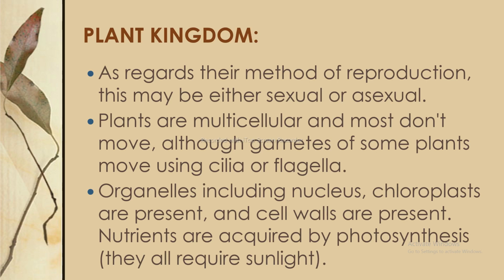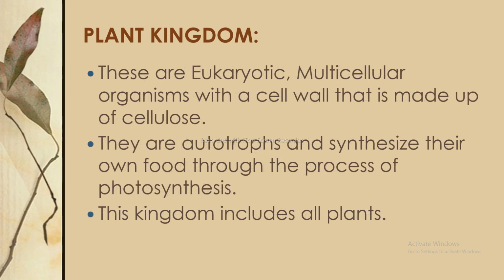Organelles including a nucleus and chloroplast are present, and the cell walls are present. Nutrients are acquired by photosynthesis. They all require sunlight. These are eukaryotic multicellular organisms with a cell wall that is made up of cellulose. They are autotrophs and synthesize their own food through the process of photosynthesis.